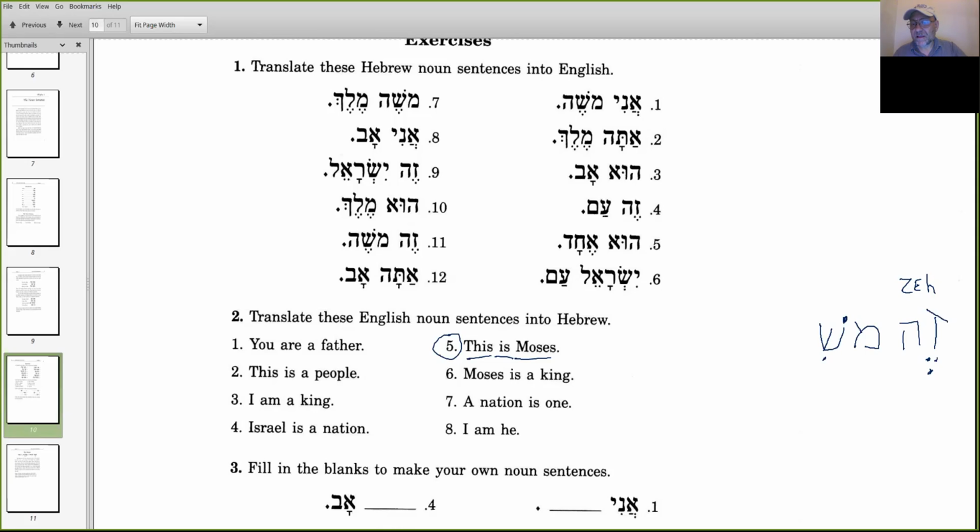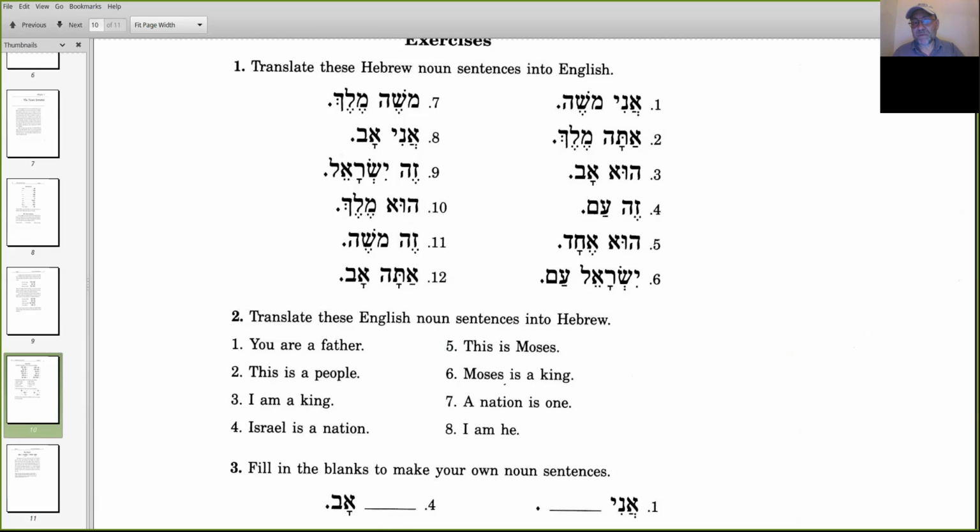Mosh, and here's a segol, she, Moshe. Zeh Moshe. All right, so that is the answer to number 5. This is Moses. All right, so let's continue on to number 6.